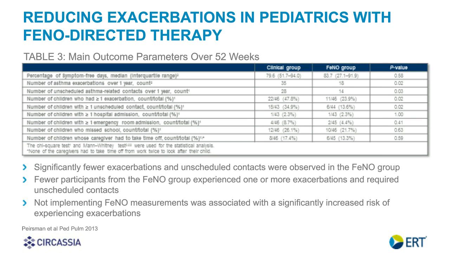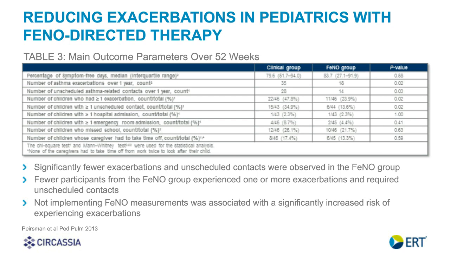Statistical differences are also shown in children who had more than 1 exacerbation or more than 1 unscheduled visit. So there were significantly fewer exacerbations and unscheduled contacts in the FeNO group, and fewer participants in the FeNO group experienced 1 or more exacerbations. They concluded that not implementing FeNO use was associated with a significantly increased risk of experiencing exacerbations.